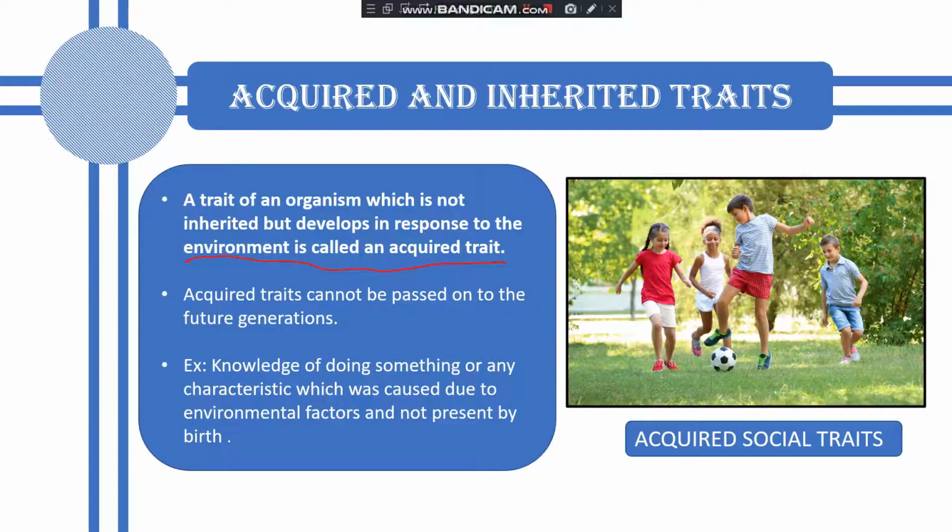They are called acquired traits, and acquired traits cannot be passed on to the future generation. Examples: knowledge of doing something, or any characteristic caused by environmental factors and not present from birth. Here you can see some kids playing football, so they are developing a trait, a skill that they can play football.